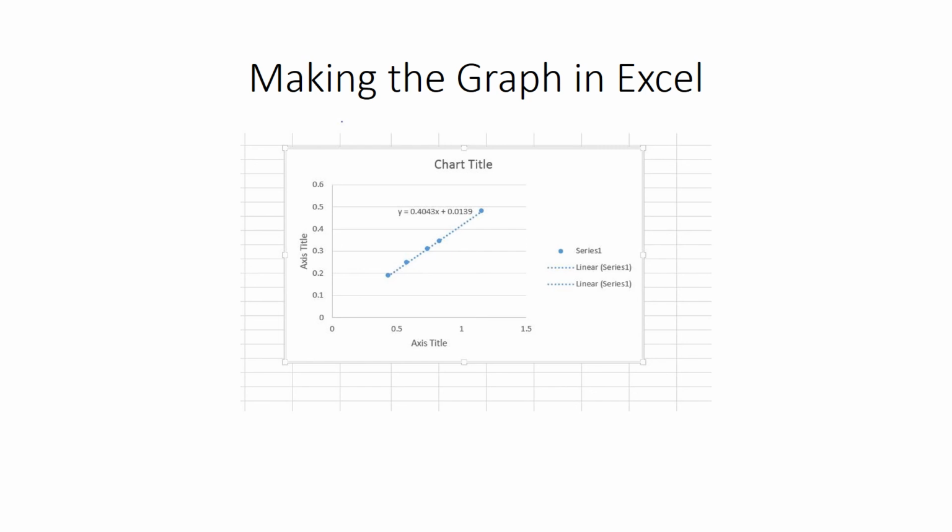As you can see, the line goes through the data points. The line has a slope of 0.4043 seconds. And if you run the theoretical calculation, we were expecting that the hang time would be 0.425.